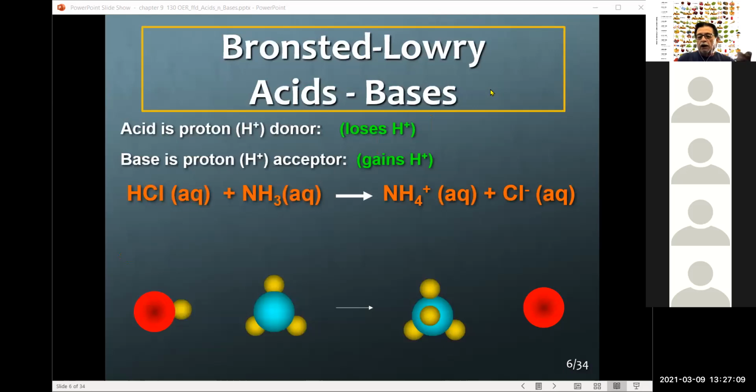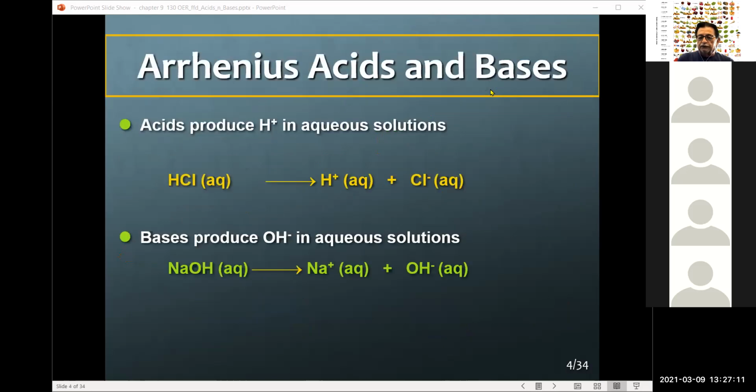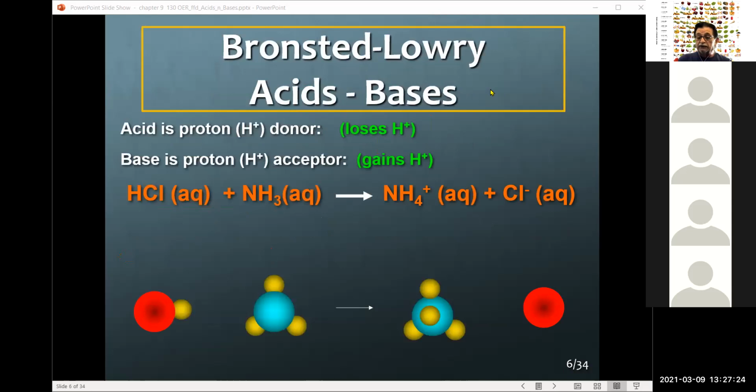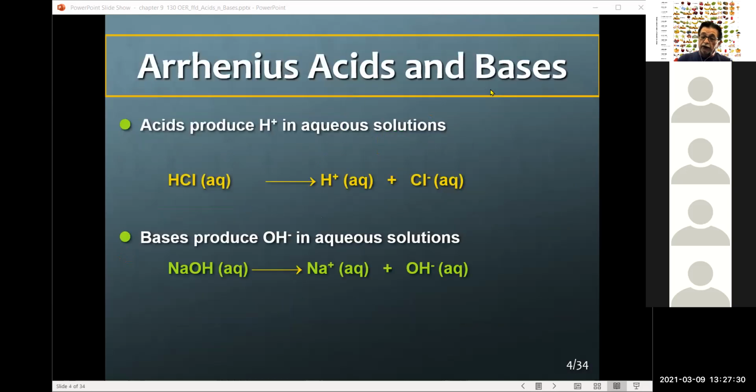Okay, now we're using this definition, Arrhenius, and that encompassed quite a bit of chemicals. However, it did not encompass others that acted as a base and had nothing to do with protons or nothing to do with hydroxide. Notice the Arrhenius definition, we produce an OH minus, a hydroxide ion.